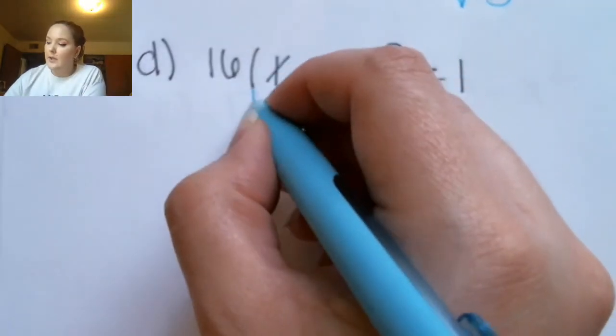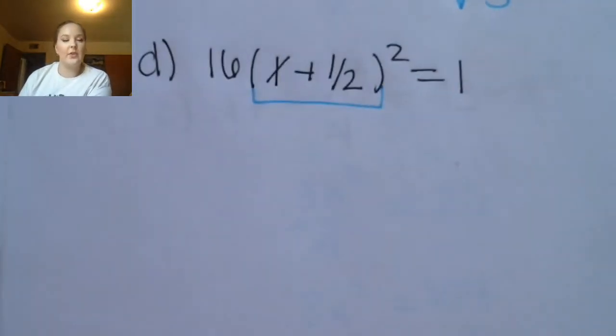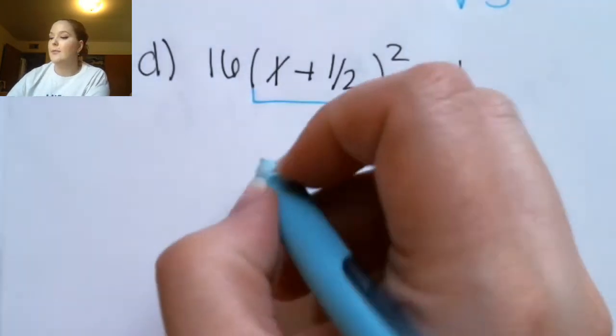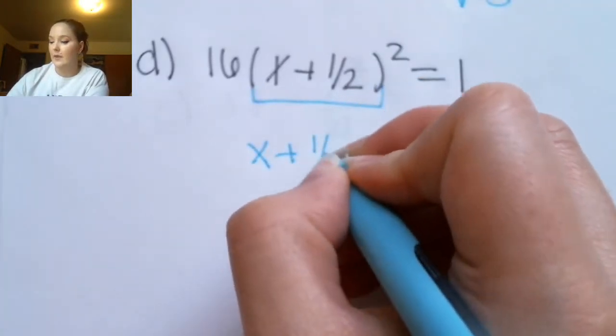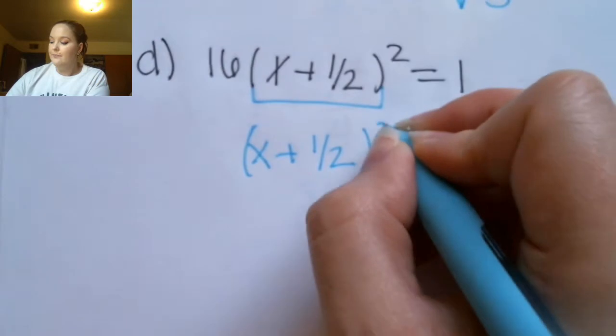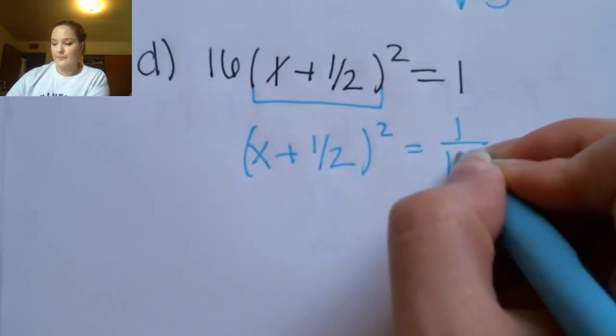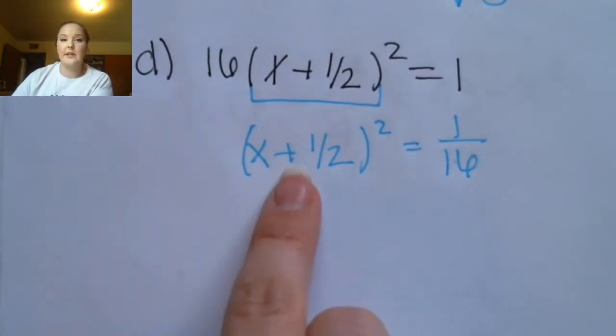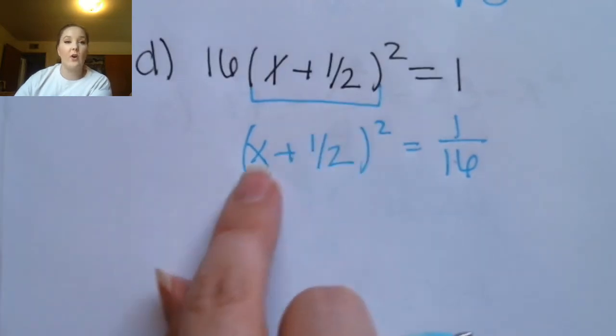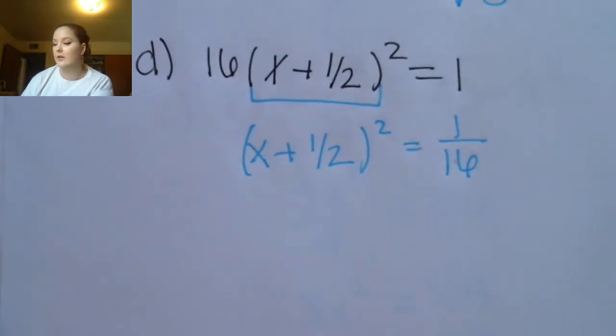But now we can see that our square is this whole thing here, so I'm going to divide both sides by 16. But I'm going to leave this all together because this is all part of the square here.